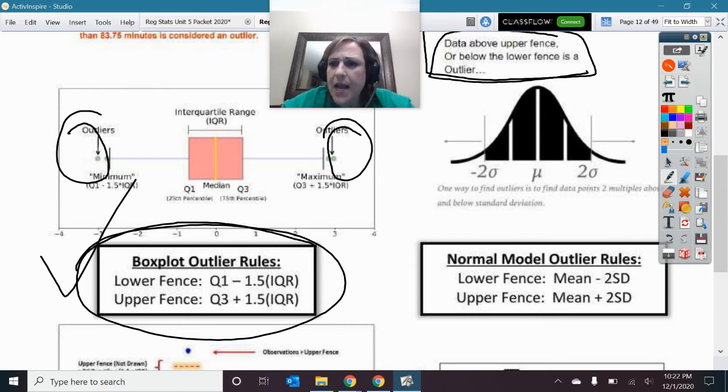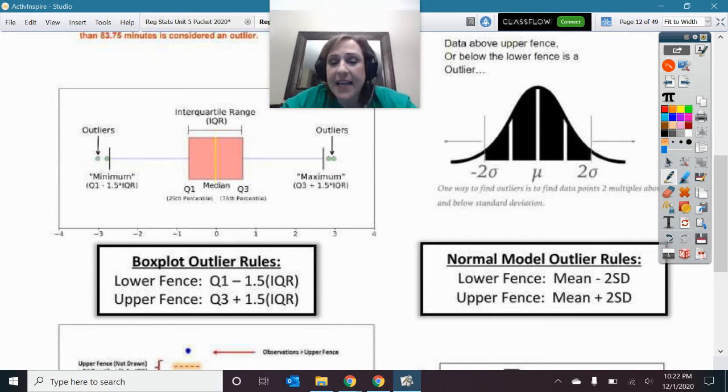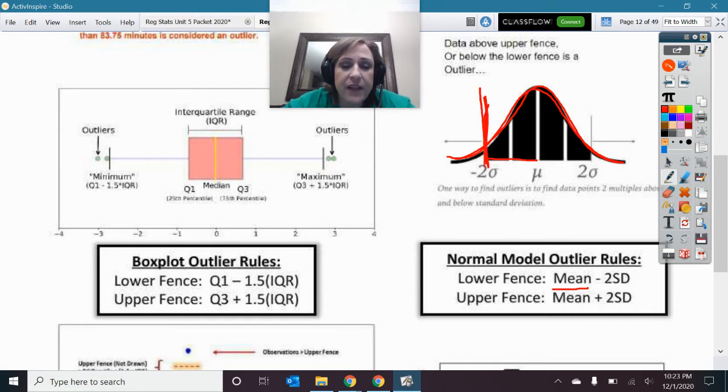Here's the new one. So with our standard deviations, now we're going to identify what's unusual with standard deviations. So we'll end up talking in a minute about how we really should not be using mean and standard deviation as a descriptor unless it's somewhat symmetric. Then, when that happens, here's the rule. The mean minus 2 standard deviations is the lower fence.